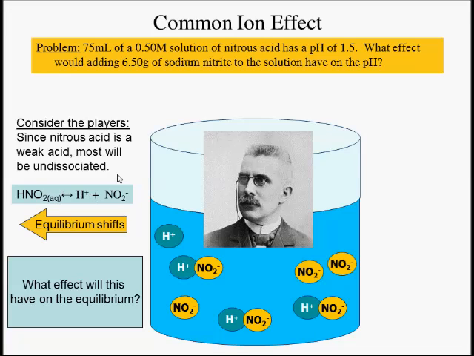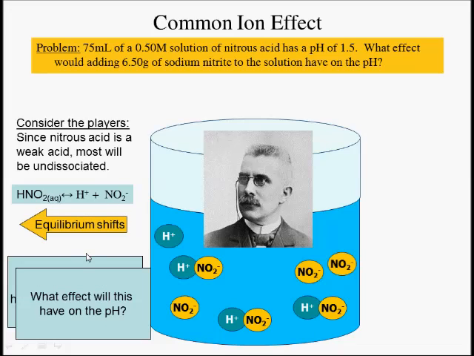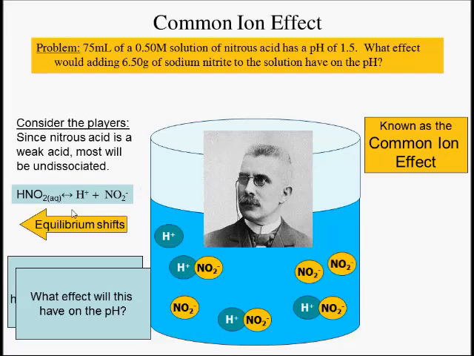Now, in the process of getting back to equilibrium, let's think about what happens to our concentration of hydrogen ions. Well, when that reverse reaction kicks into gear, the concentration of hydrogen ions is going to go down. So my pH will actually be affected by adding what sounded like some harmless sodium nitrite, but by messing up that equilibrium, it shifted it to the left.